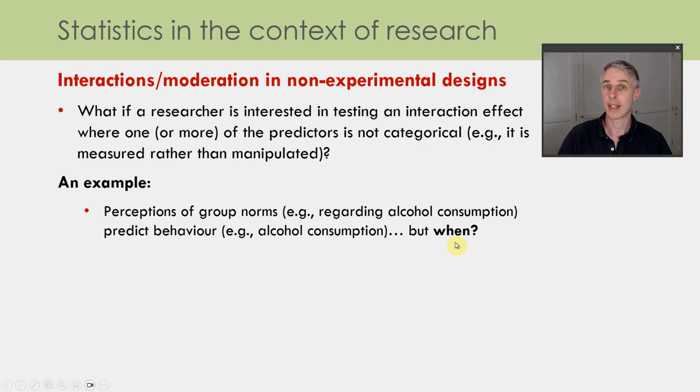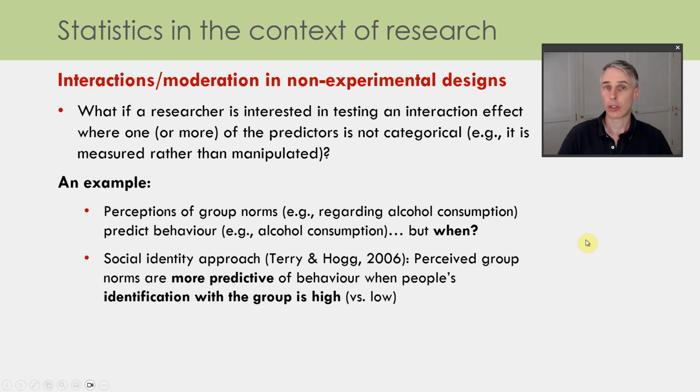But when is that link going to be stronger or weaker, that link between norms and alcohol consumption intentions? Well, they might look to theory within the social identity approach, which suggests that the norms of a group will be much more influential, will be more predictive of our own behavior, when we identify strongly with that group. In other words, when we see that group and our membership of it as an important part of who we are, compared to when we don't.